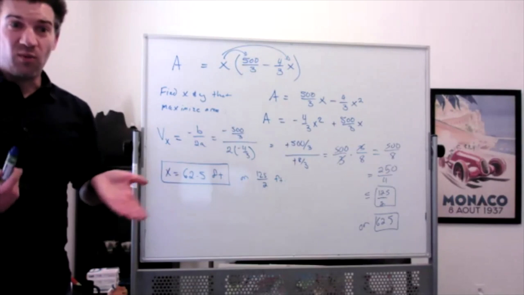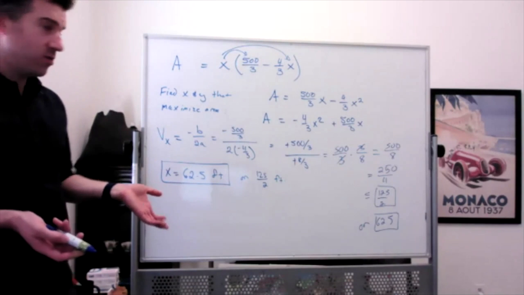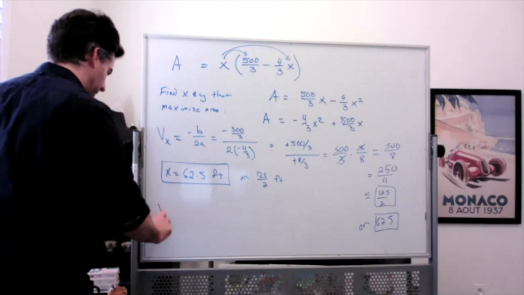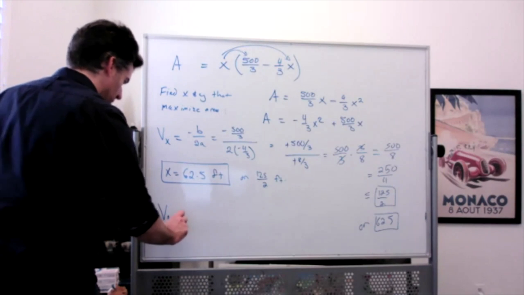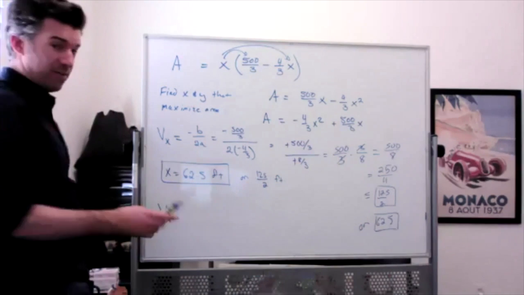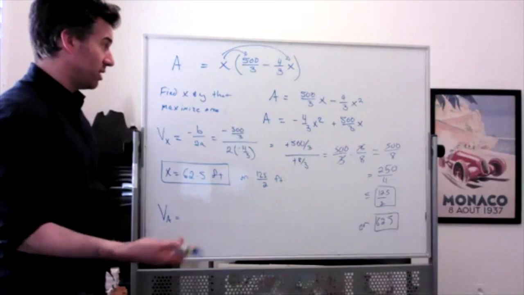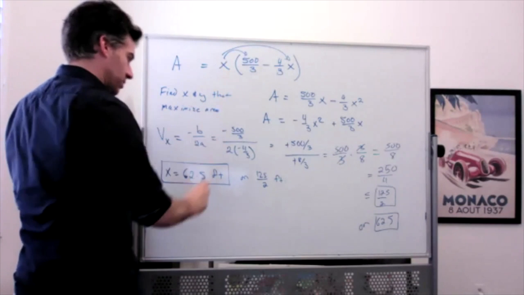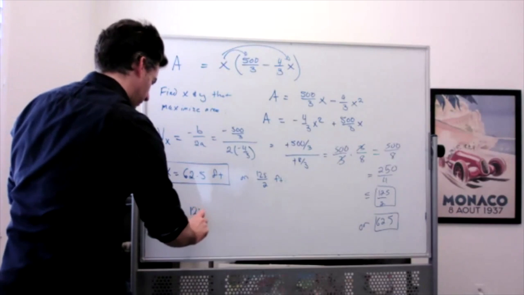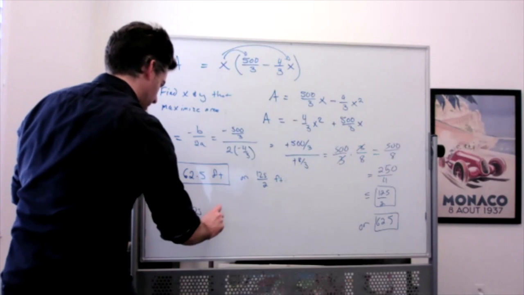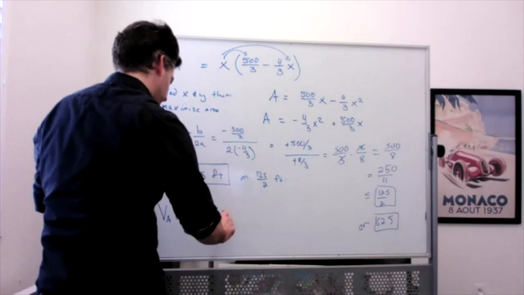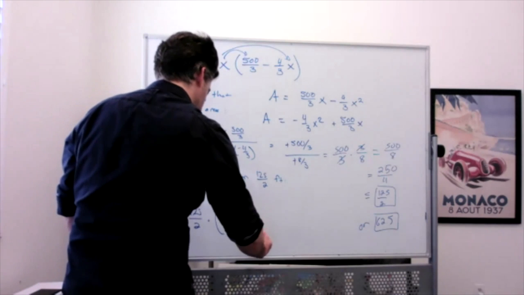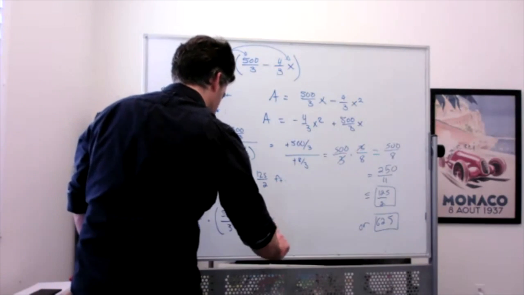We could find the y coordinate of the vertex, or I should say the a coordinate of the vertex, right? If I wanted to, I could find the a by plugging in this value here. I'm not going to actually do it. I just want to show you that I would plug it in here and get x, which is 125 over 2 times 500 thirds minus 4 thirds times 125 over 2.